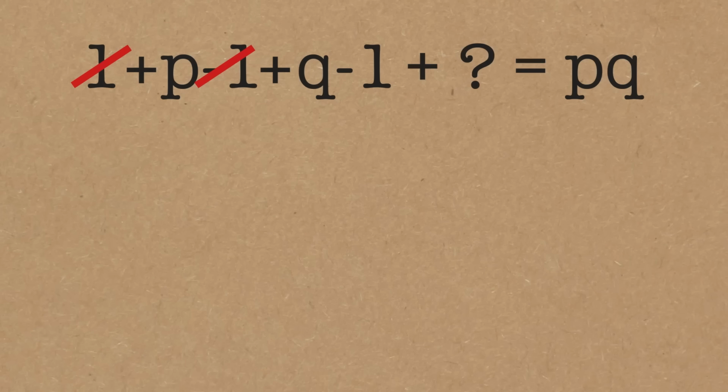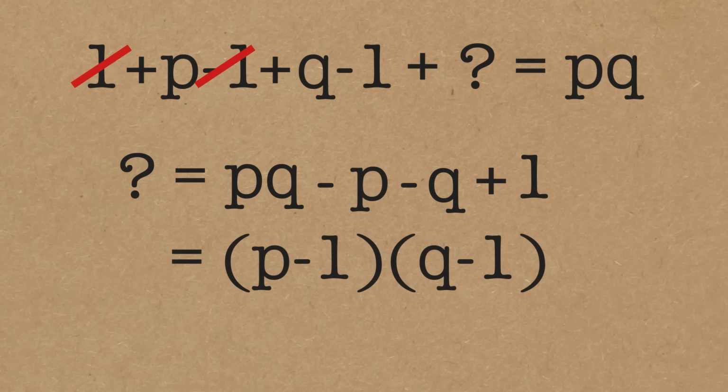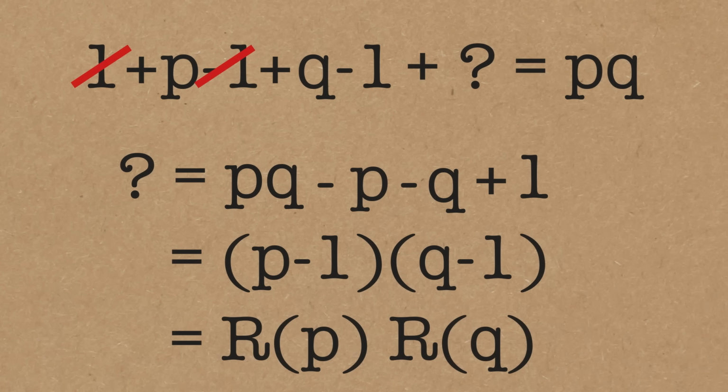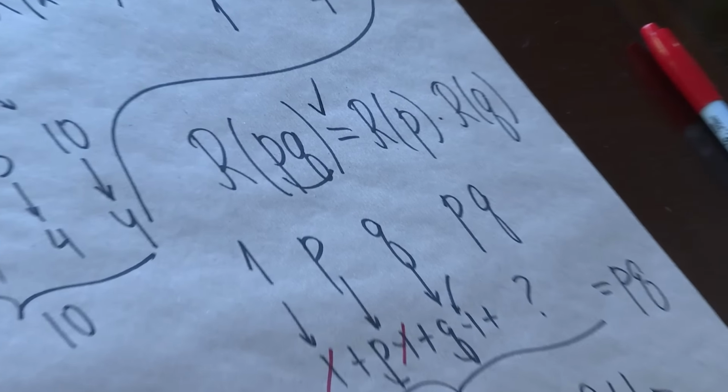And then these I can put to the other side, so the question mark becomes PQ minus P minus Q plus this 1. You look at this like, does this factor? This has to factor. What is the factor? Well, P minus 1 multiply through. This is working. This is factoring, and P minus 1 was R of P, and Q minus 1 was R of Q. This is working. We proved this formula.